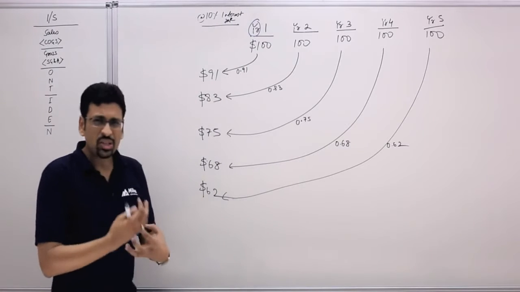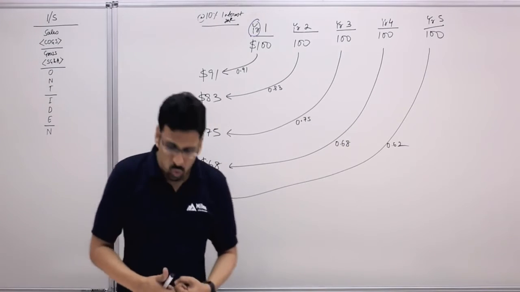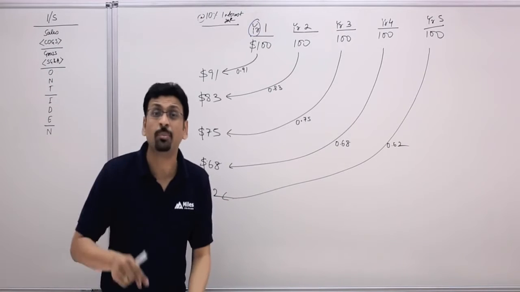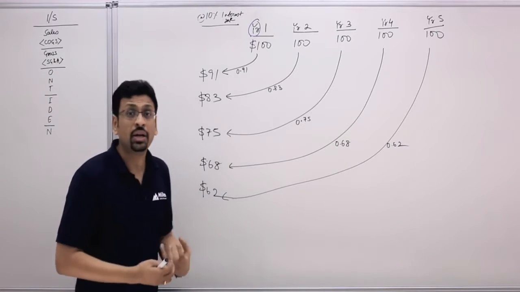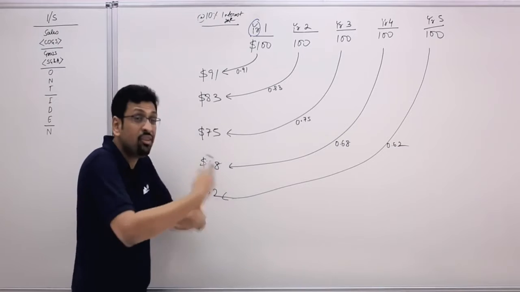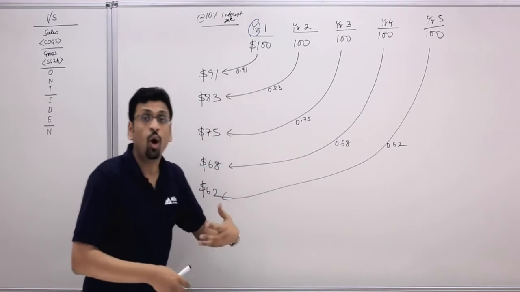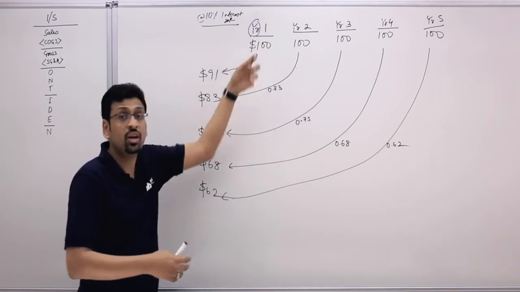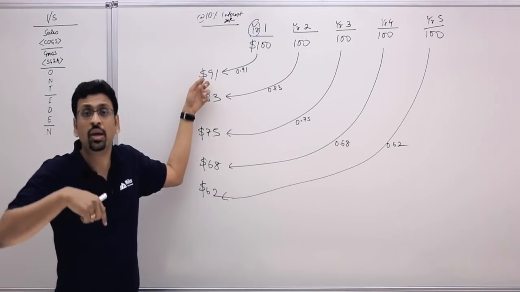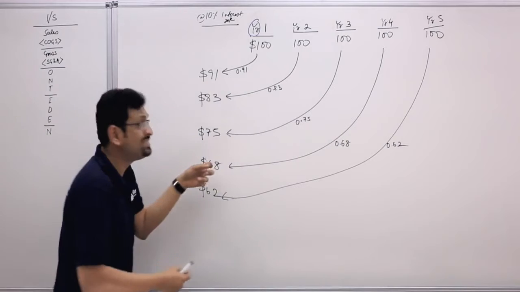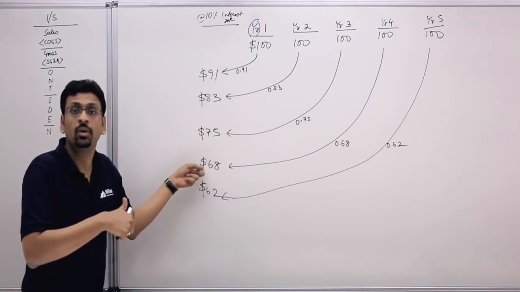So guys, as you can see, what I've done is I've used the present value factors from the present value tables that you have on your book, and I have calculated the present value of money flowing in after a period of time. So present value of $100 flowing in after a year is worth $91 today. Present value of $100 flowing in after year 4 is worth $68 today.